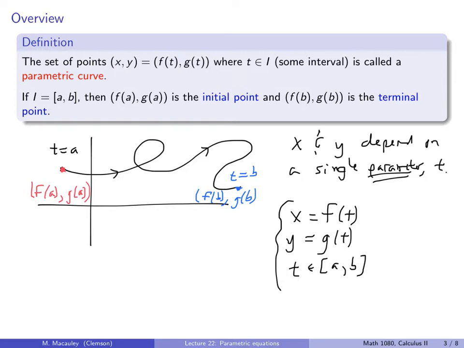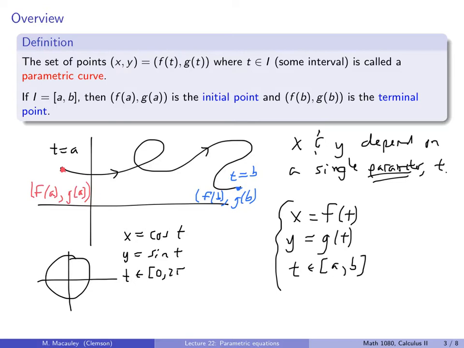For example, let's take the unit circle. One way to parameterize this is, as we've seen, x equals cosine of t, y equals sine of t, and t is in the interval 0 to 2 pi.